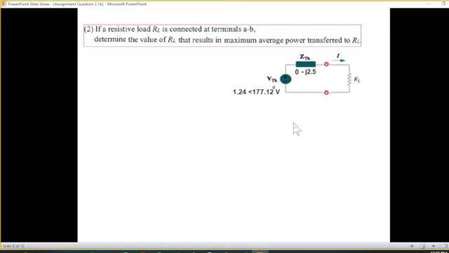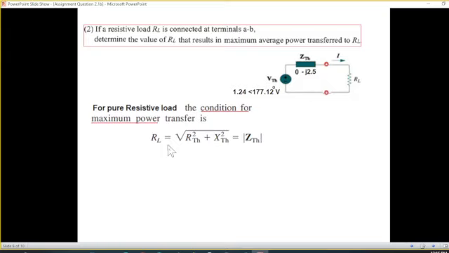Okay, so we were here, and we find RL using this formula, and as I mentioned, it should be the magnitude of Z Thevenin. Either you can calculate it by squaring 0 and adding the square of 2.5, or you can just get the Z Thevenin mod. How do we get the Z Thevenin mod? This is Z Thevenin, and for the mod you can find R theta.